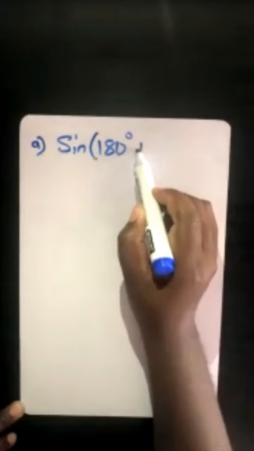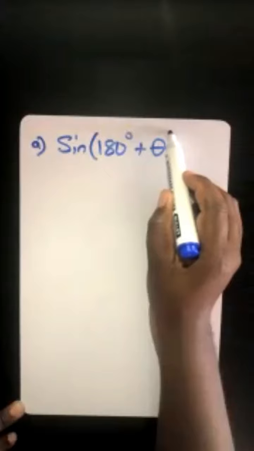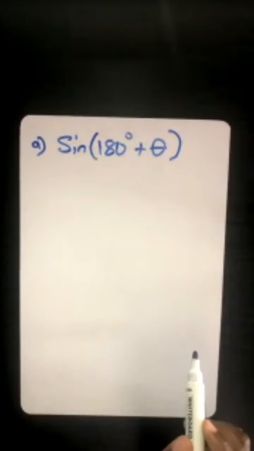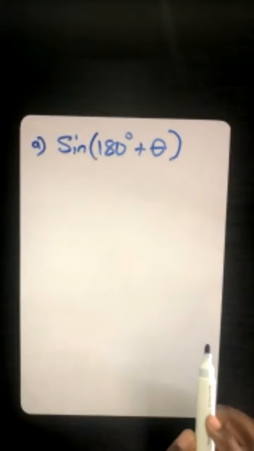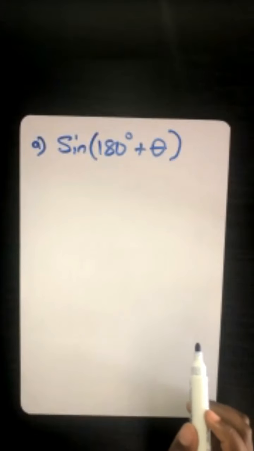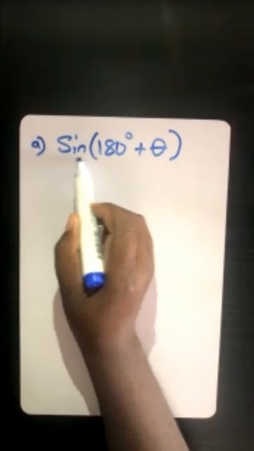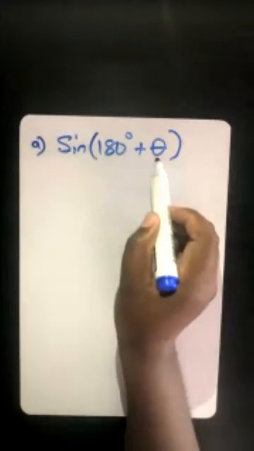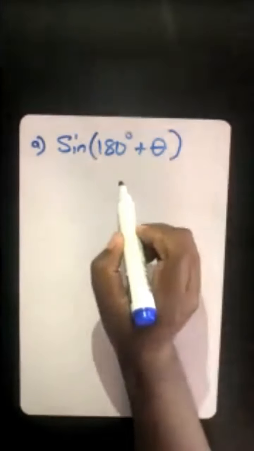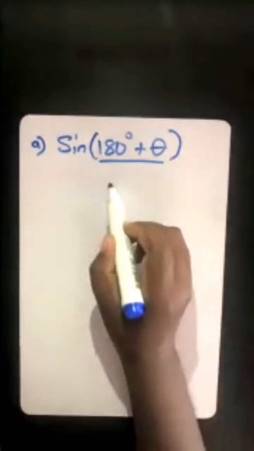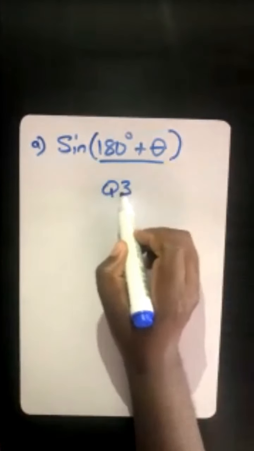So quickly, 180 degrees plus an angle. This is what I want us to be doing, guys. I'm going to do it for the first few times. This is a trig ratio: sine of angle 180 plus theta. This is how you interpret it. The whole of this is an angle, and this angle falls in the third quadrant.